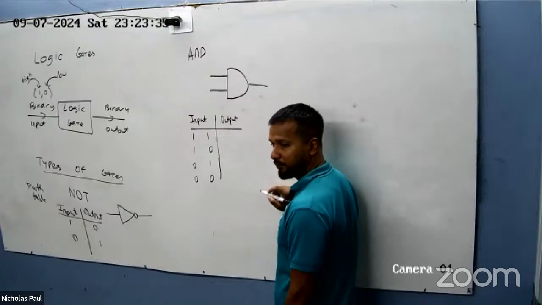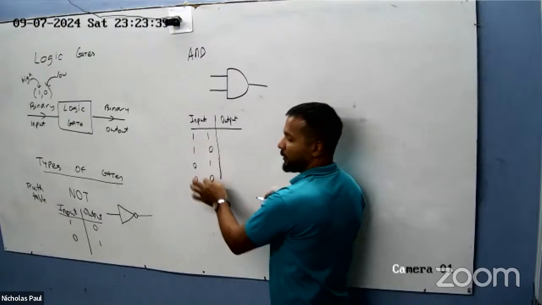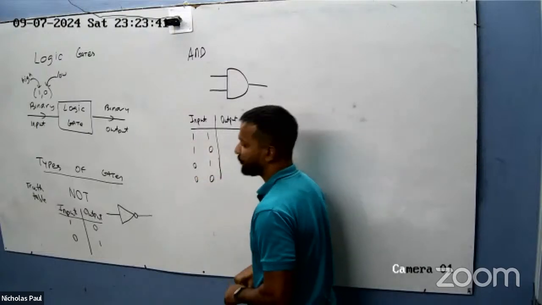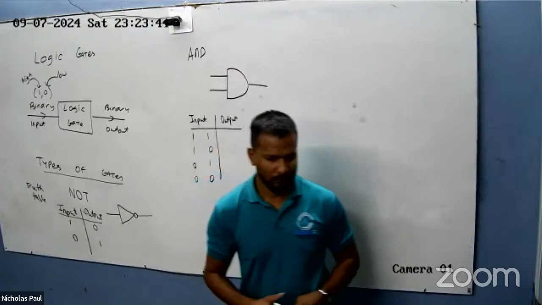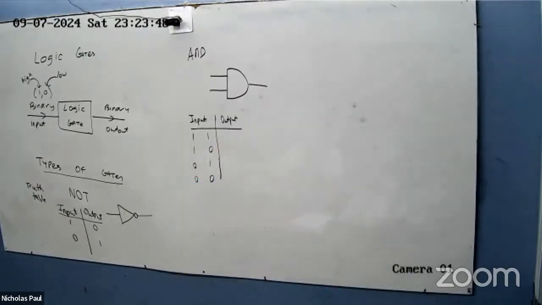You okay with that? Right? So remember it, 2 1s, 2 0s, 1 0 1 0.